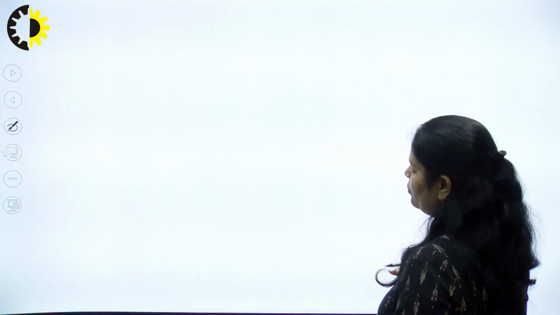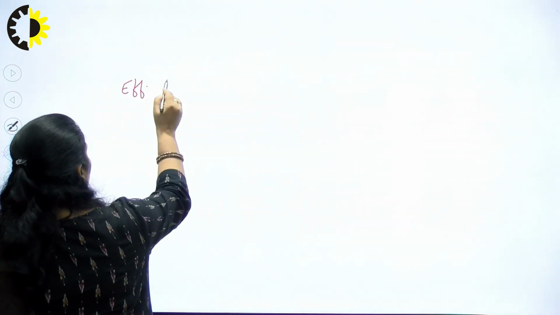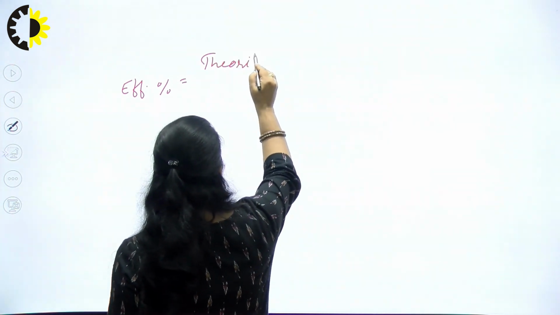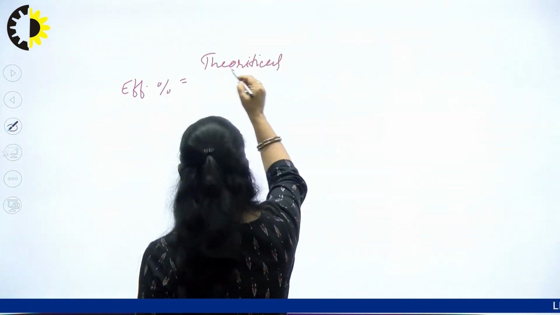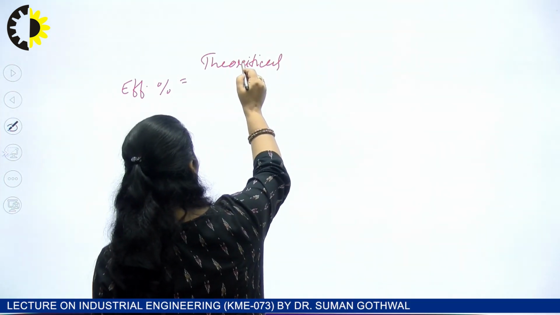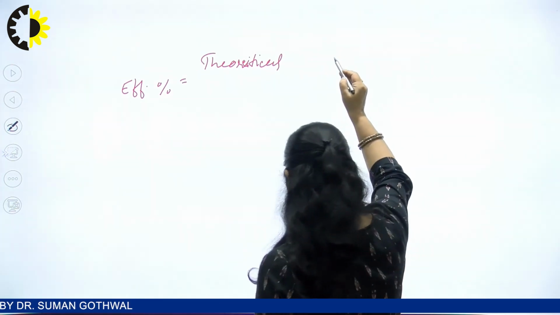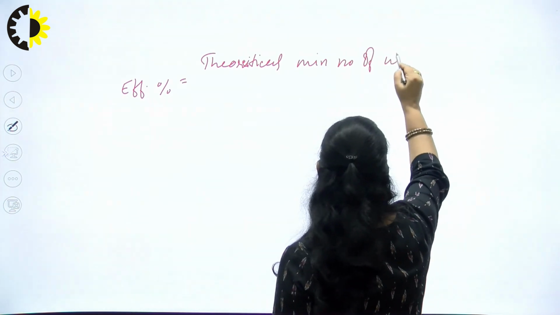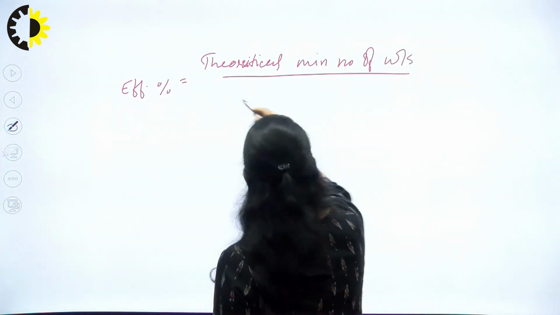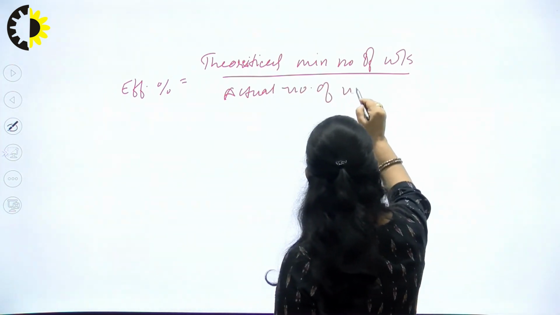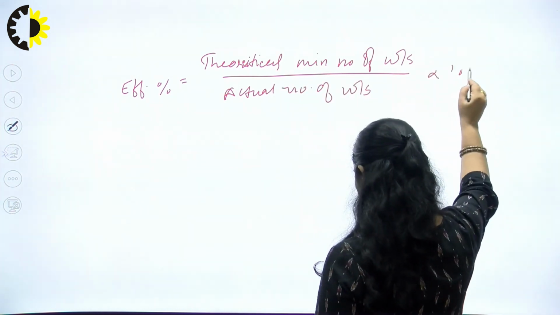So, for this we have one formula, that is efficiency percentage will be theoretical minimum number of workstations divided by actual number of workstations, into 100.